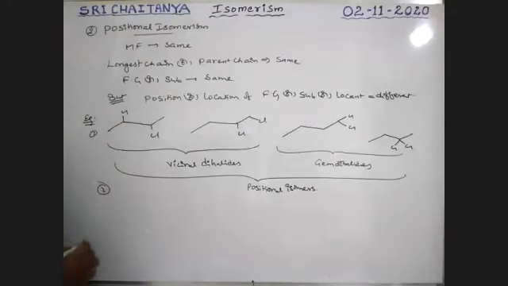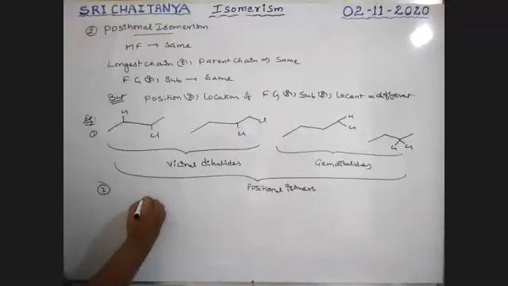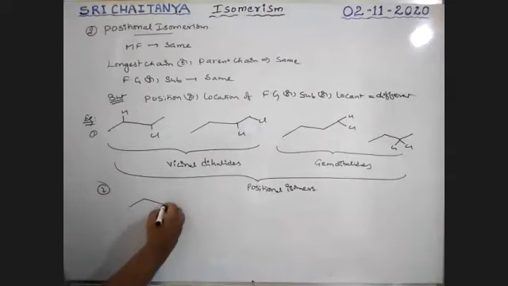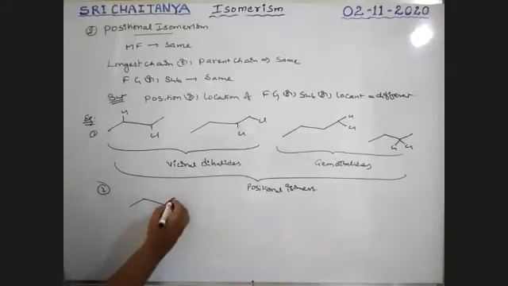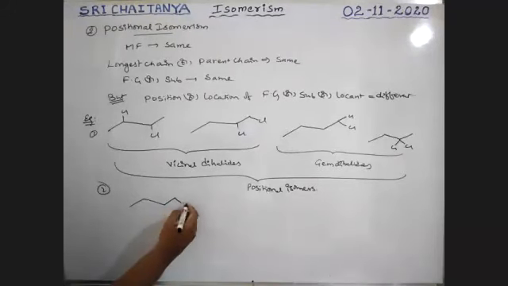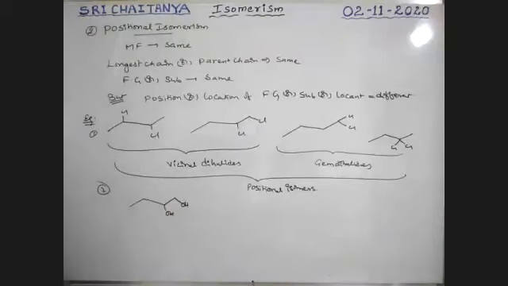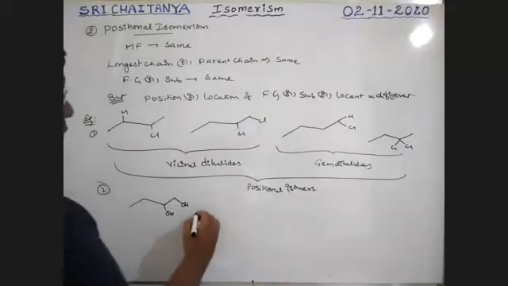Okay, next, second example. See here, instead of chlorine, I am taking cyanide. Then OH on adjacent carbons, diols, vicinal diols.